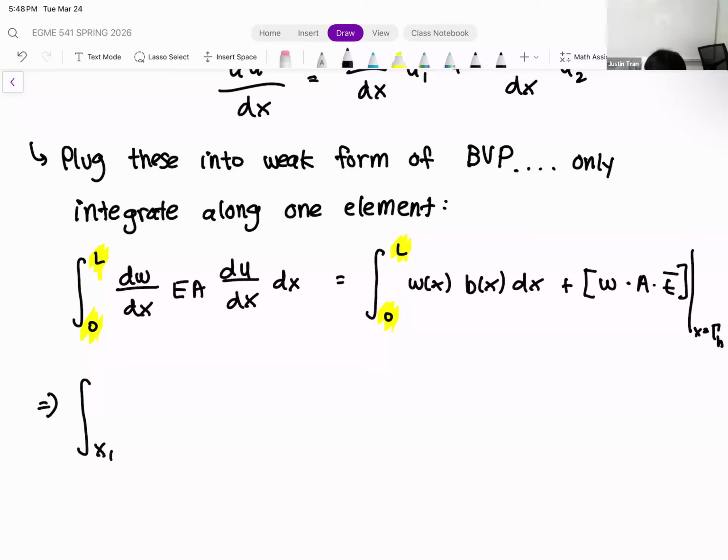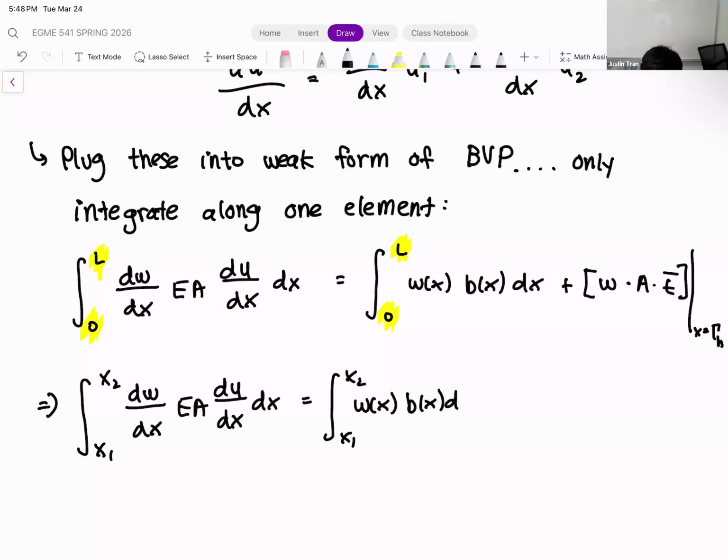So the integral from x1 to x2 of dw/dx times E times A du/dx is equal to the integral from x1 to x2 of w(x) v(x) dx plus w times A times t bar at x equal to gamma h.